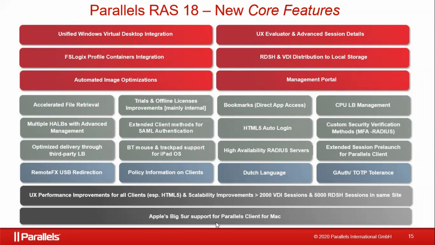For Parallel RAS, we have launched RAS 18, which has new core features. In this new version, we support unified Windows Virtual Desktop integration with the WVD solution. We also support the US evaluator, the FSLogix profile container, and RDSH and VDI distribution to local storage.